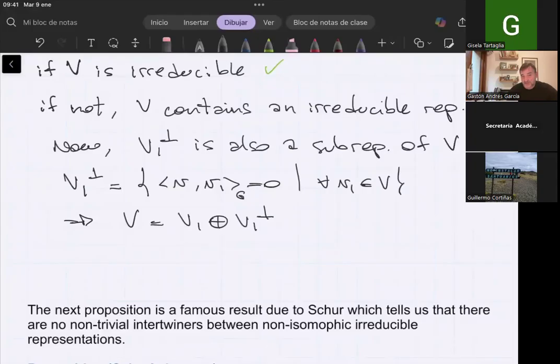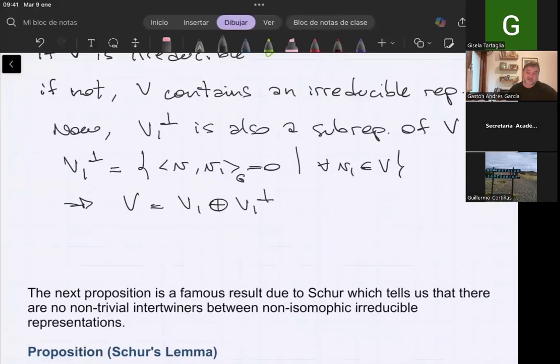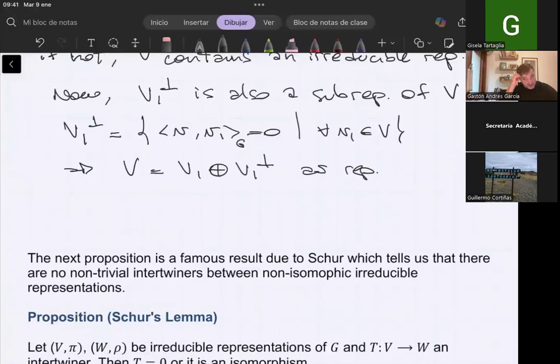Of course, it may not be a decomposition of representations, but since we are working with this inner product, where any element of the group acts unitarily, so this inner product is G invariant, this is actually a decomposition as representations.